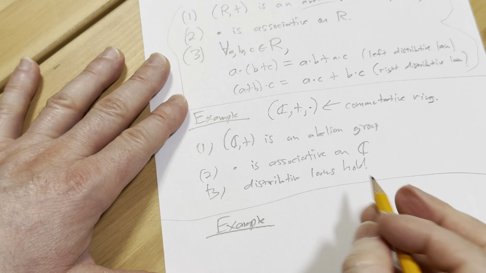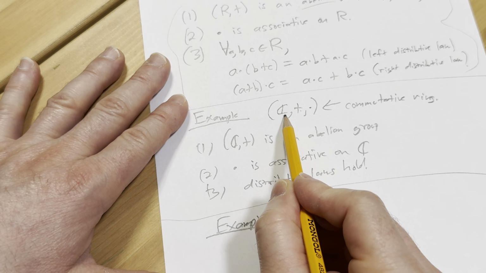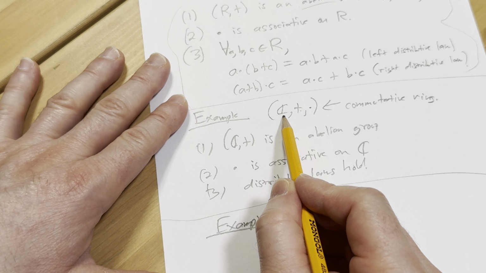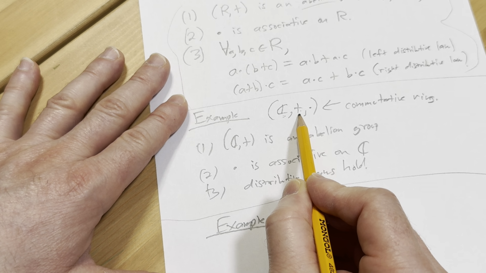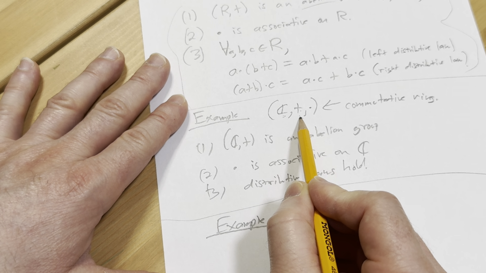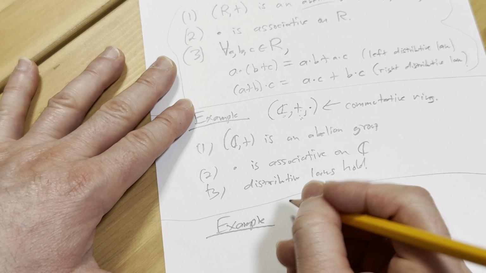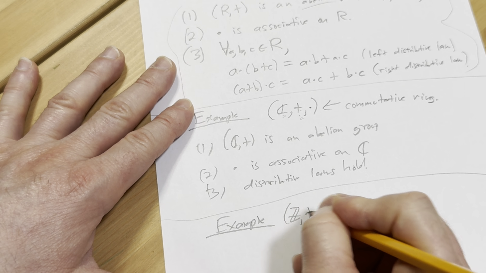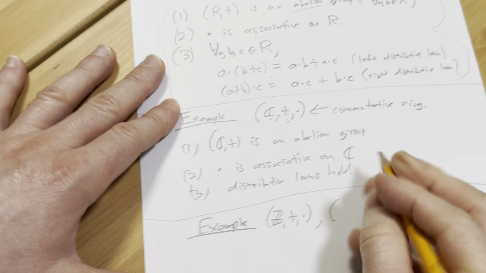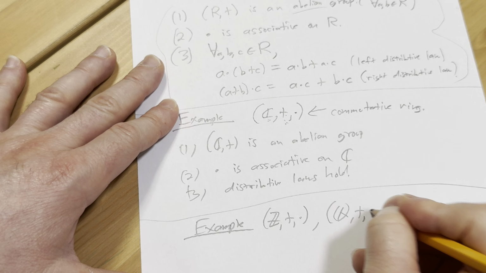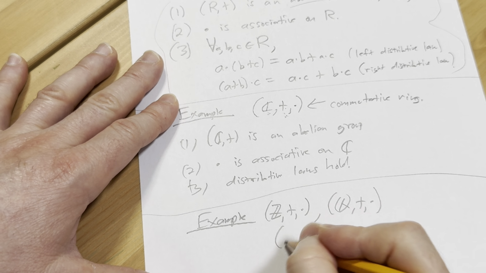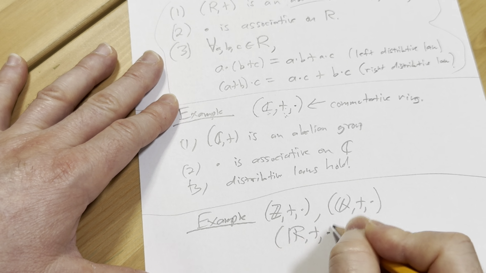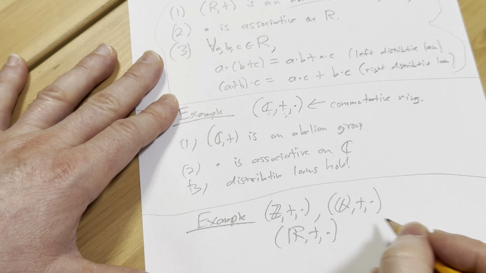All right. So another example, you could basically say any subset of the complex numbers that's a group under addition and closed under multiplication is also going to be a ring. So, for example, the set of integers under addition and multiplication, the set of rational numbers under addition and multiplication, the set of real numbers under addition and multiplication. These are all also going to be rings.